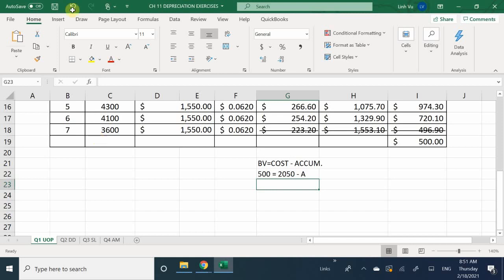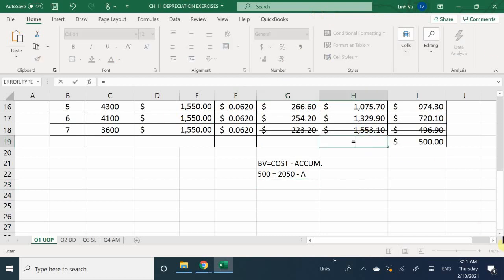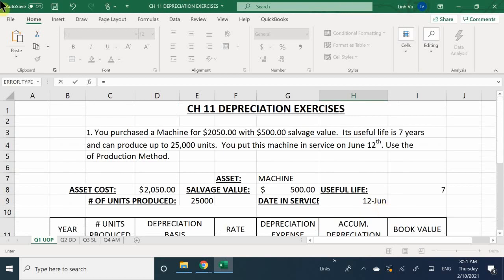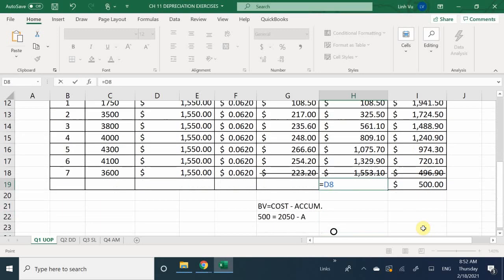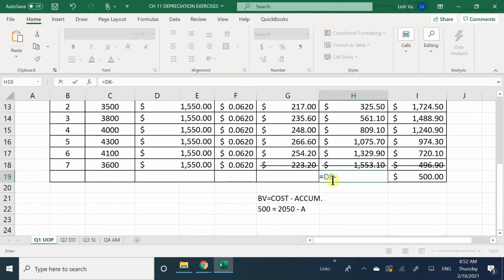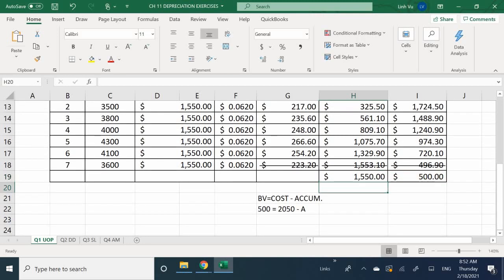Yes. So what is going to be my accumulated depreciation here? 1550. So I take my asset cost of 2050 and minus my book value to get my accumulated depreciation of 1550.